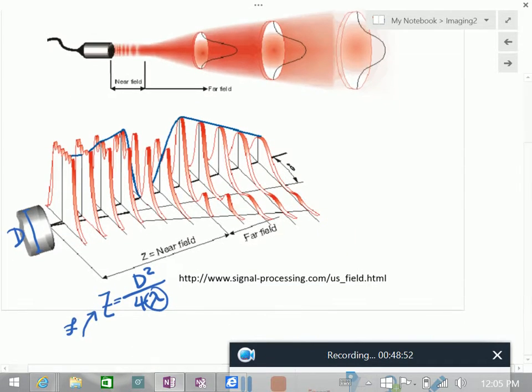So it depends on the frequency of the transducer? Lambda is velocity over frequency. So this velocity is a material property. Oh, I thought that was the frequency of our transducer. No. Exactly not. So that's a good question. So this has something to do with the geometry of the transducer.